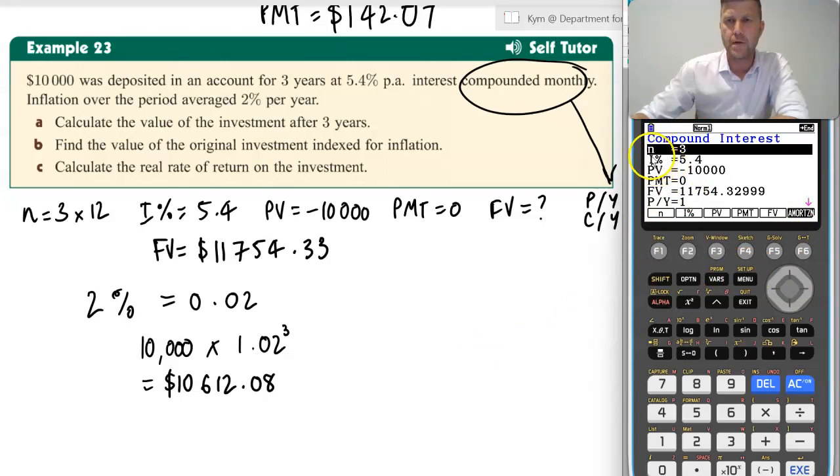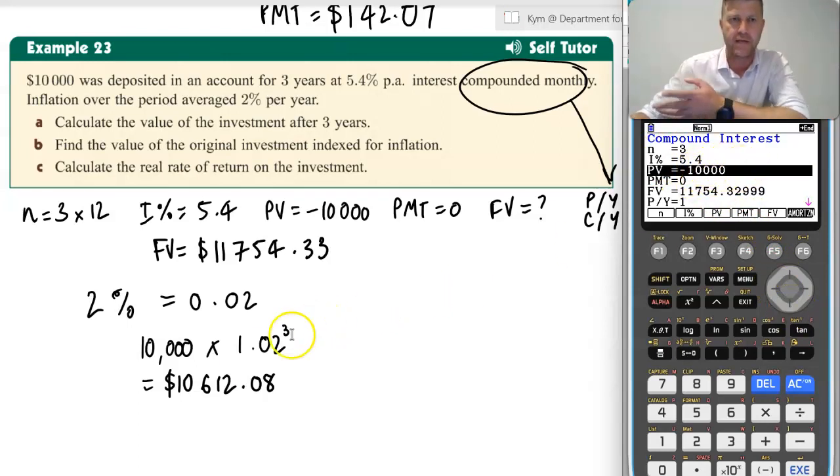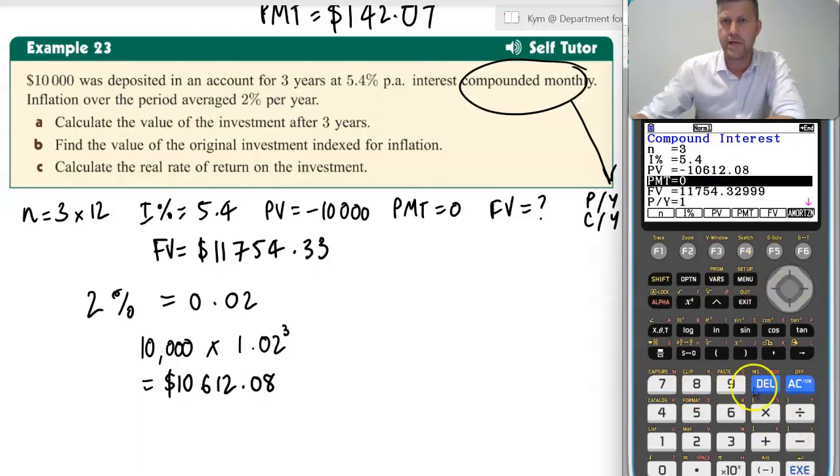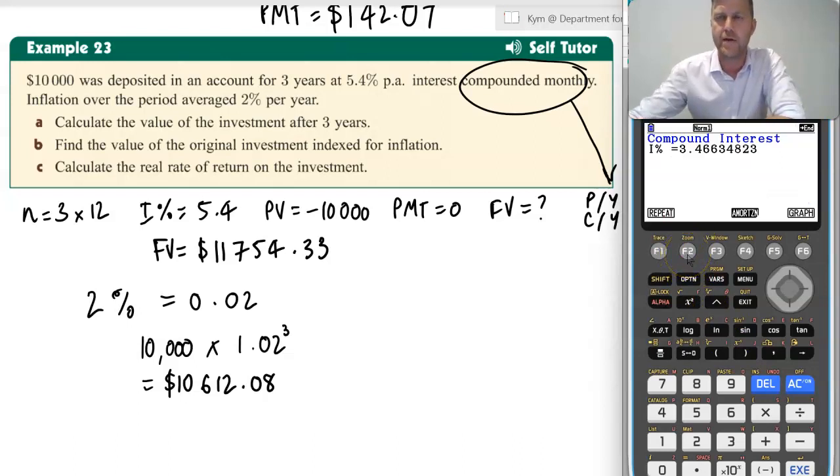Now, for 3 years, that is, and the present value now actually becomes the indexed value, which is minus $10,612.08. And then we're going to ask it to calculate the interest. So this will be the real rate of return.